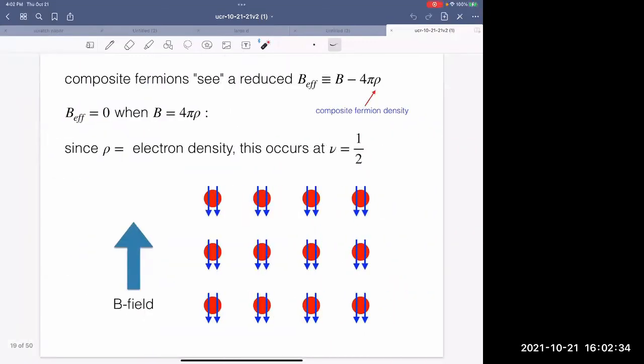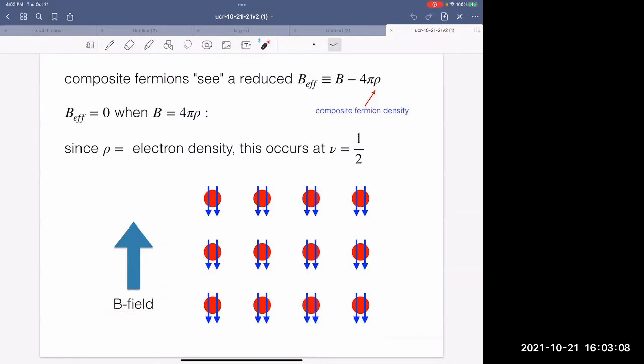So the utility of this, at least for these electrons in a strong magnetic field, comes when we consider a collection of such composites of composite fermion and fluxes. Let's consider a collection characterized by some density rho, which is equal to the electron density, and let's put them in the presence of some external transverse magnetic field.